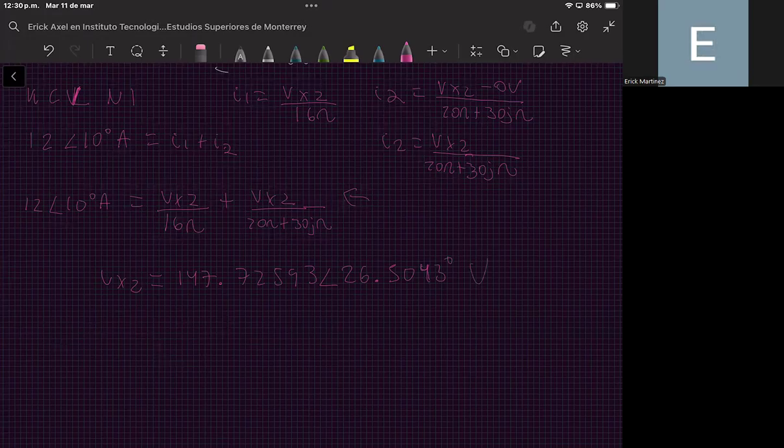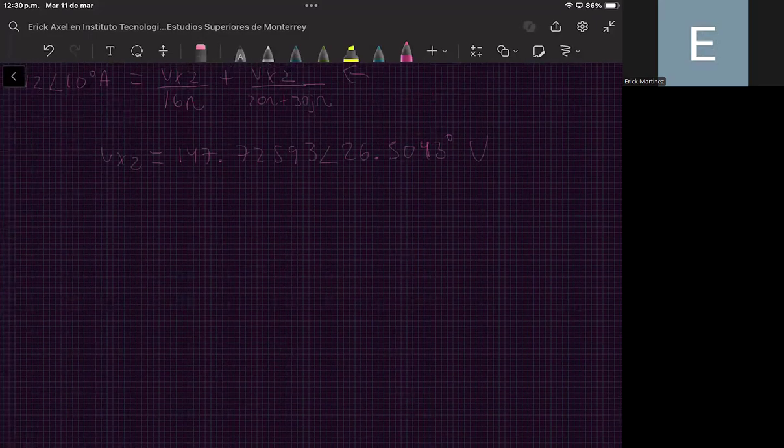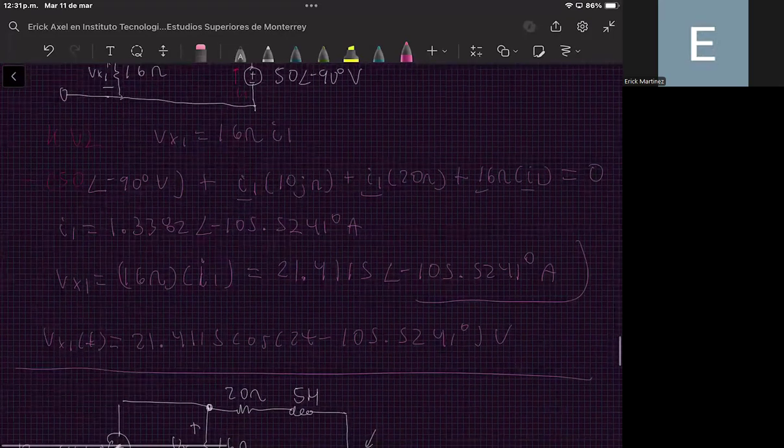And this is the contribution of this current source into the voltage of the 16 ohm resistor. What the superposition principle says is that we can, at the end, add the individual contributions of each of the sources.